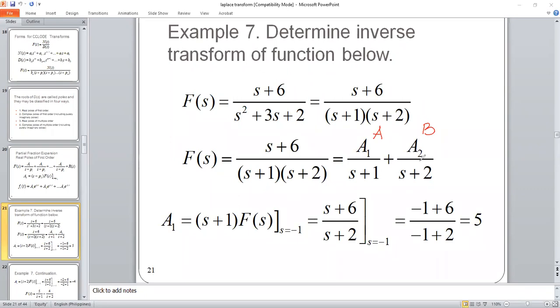Now, how do you find the value of A and B? Very simple. In our case, I used equating coefficients, if you can recall. But you can also set a value for S. If you set its value to -1, one of the two partial fractions will be 0, because your S is now -1, so this one becomes 0.